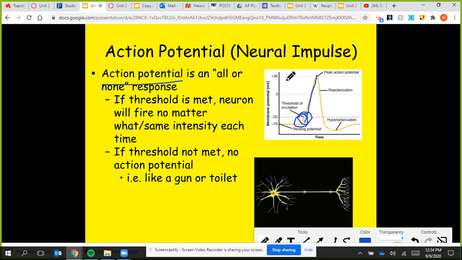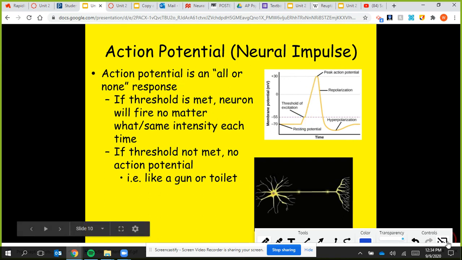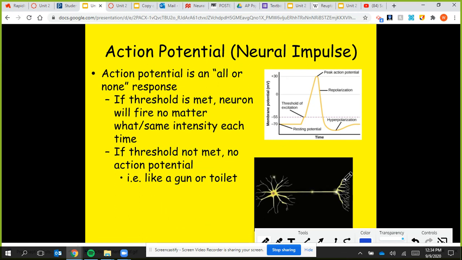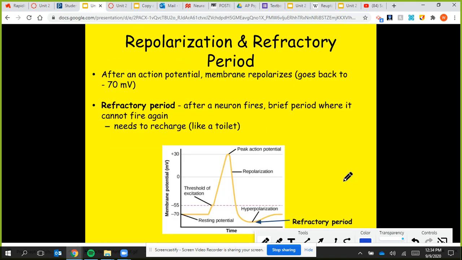Okay. All right. Now, there's the electrical signal that travels down the axon, okay? It reaches the terminal buttons, and we're going to talk about this next, but this electrical signal causes the release of neurotransmitters from the terminal buttons. Last thing with the electricity part of it.